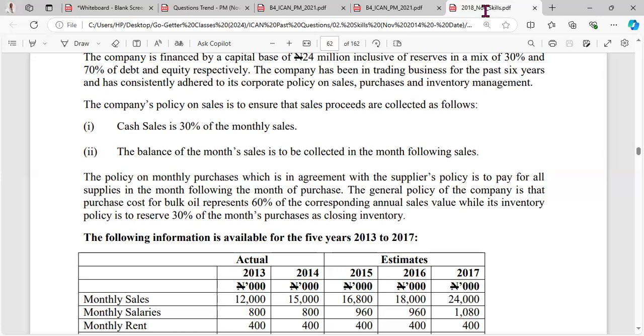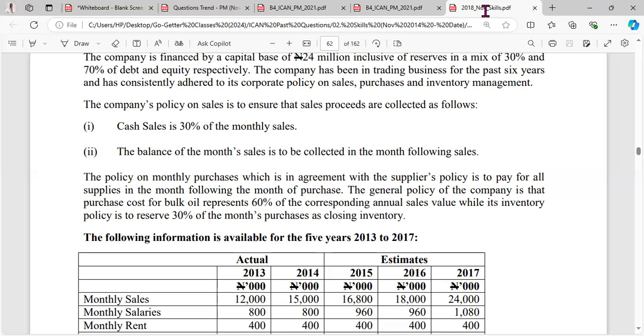Now let's look at November. November cash is 30%. The remaining 70% is taken to December. Meanwhile, October's own is collected in November. November's own is pushed to December. For December, only 30% cash is collected.